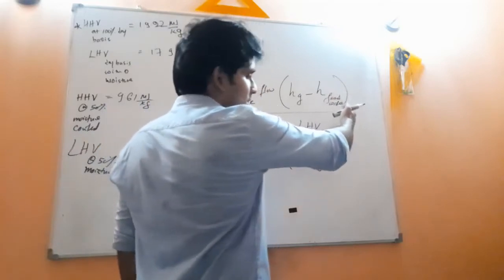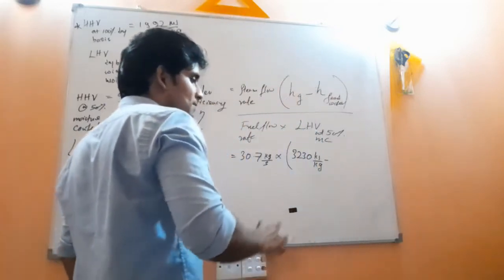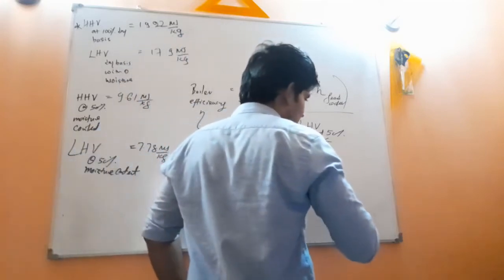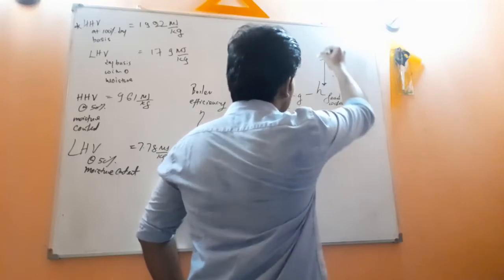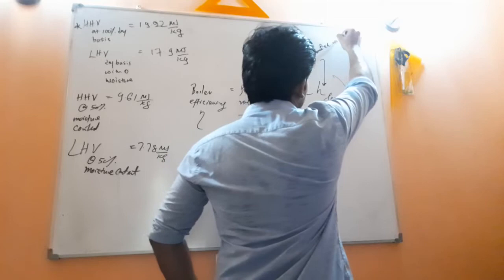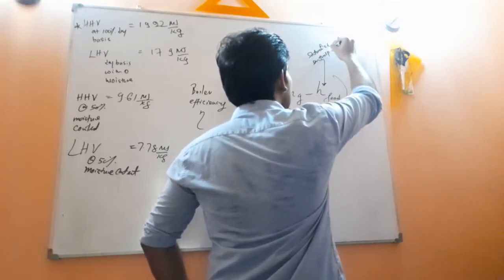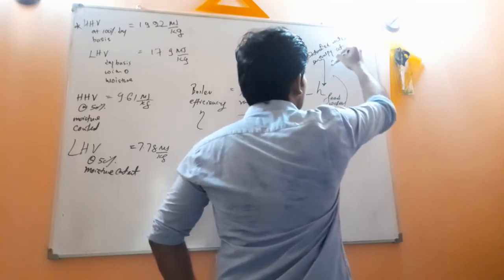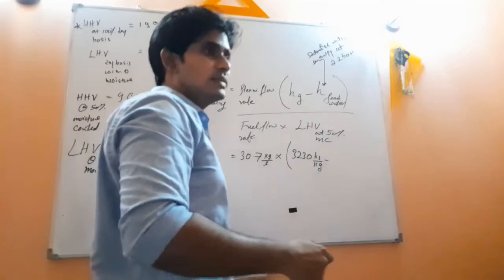So the feed water enthalpy is actually the saturated water enthalpy at 2.2 bar. This is something you have to decide, right?